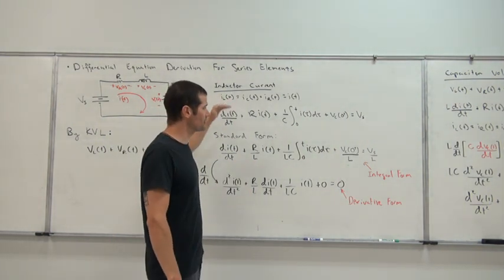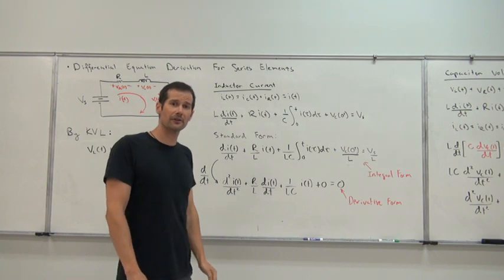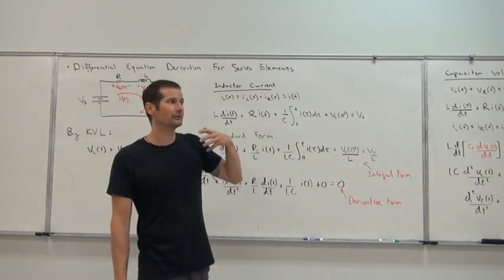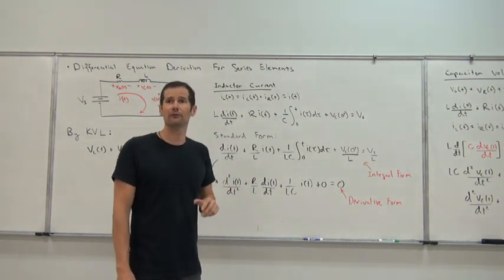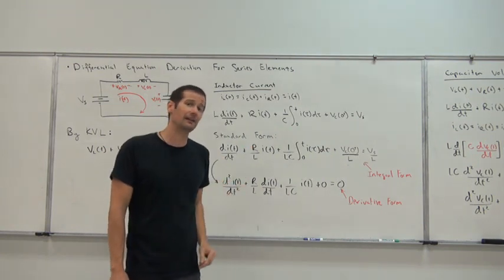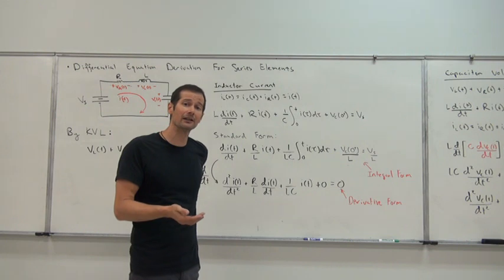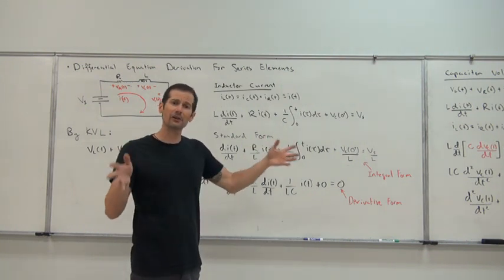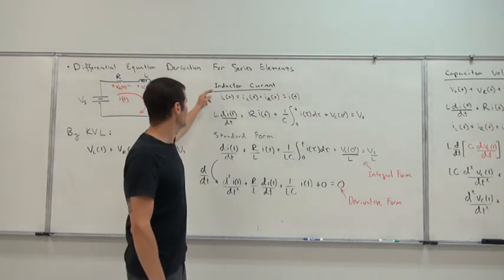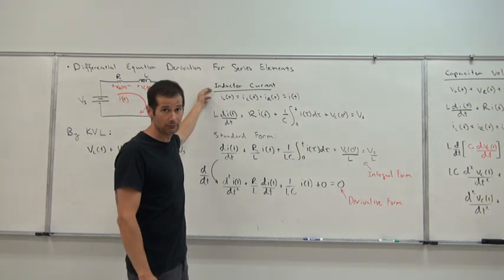So the first two equations that we're going to concern ourselves with are basically a direct application from KVL, in which we simply expand the KVL equation by the current-voltage characteristics. And when we do that, we immediately have the entire equation in the form of the inductor's current. Okay?